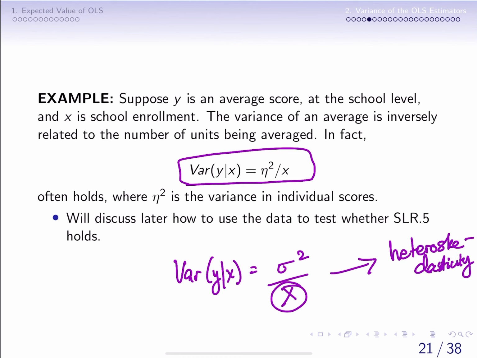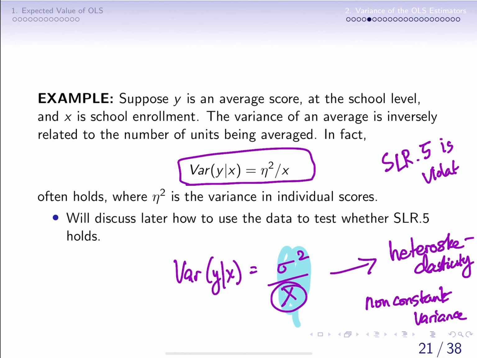Okay, this is not homoscedasticity. So this is non-constant variance. Based on the value of x, this expression is going to keep changing. Okay, so basically your simple linear regression assumption 5 is violated in this case.